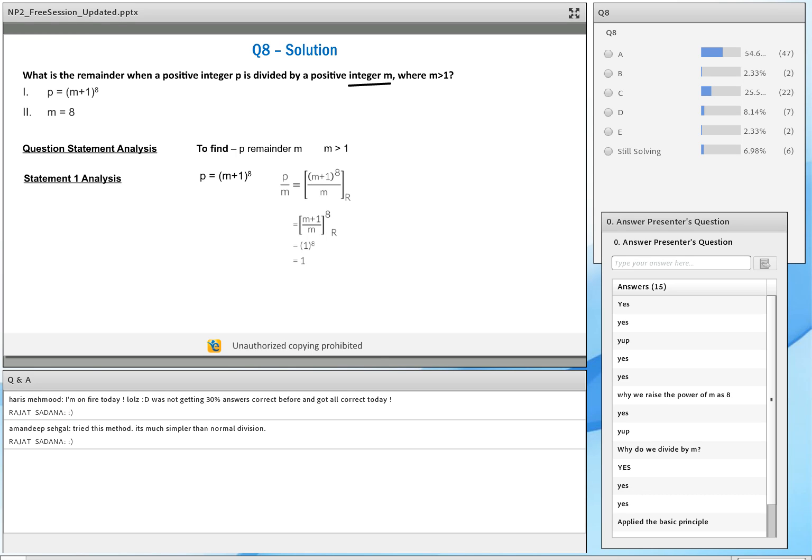Okay. So statement 1, why do we raise the power of m as 8? Because we are given over here that p is m plus 1 to the power 8. That is why.